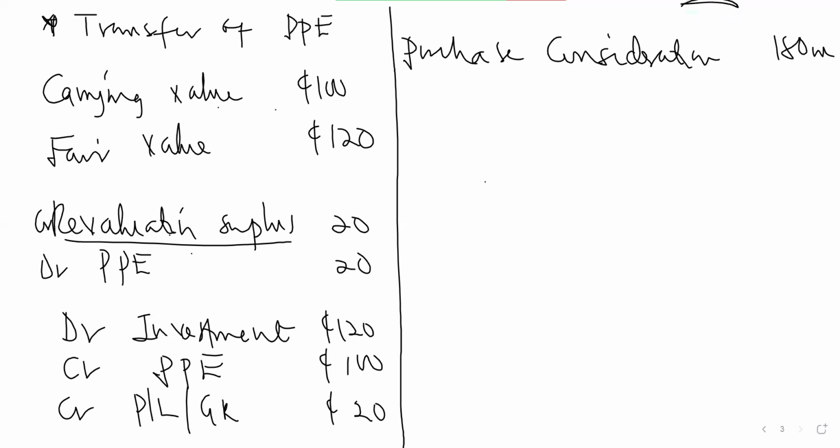So you are buying 70%. What is the portion of the company that you are not buying? 30%.